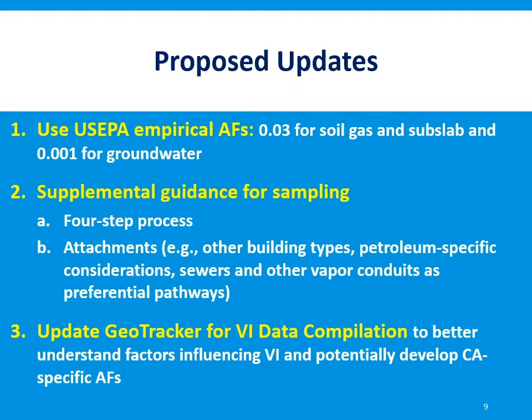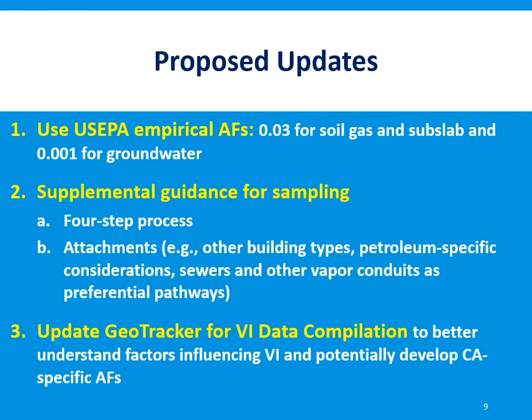We know that there are concerns that US EPA's nationwide database may not be appropriate for California because our climate and typical building construction may lead to less vapor intrusion. To address this, we have updated GeoTracker, the Water Board's online records database, to better collect vapor intrusion data.